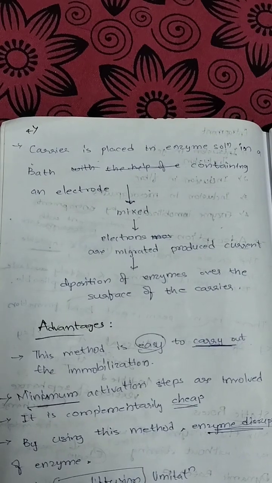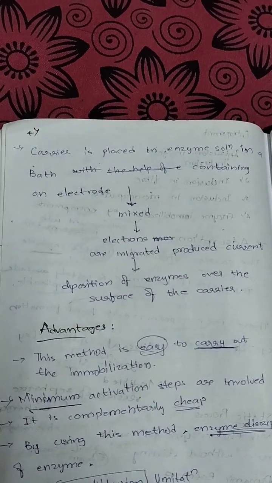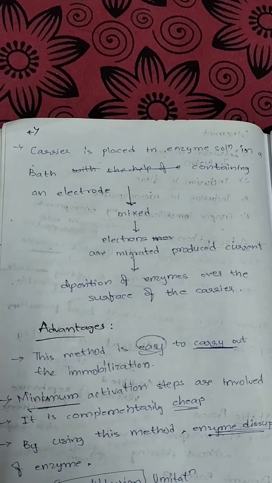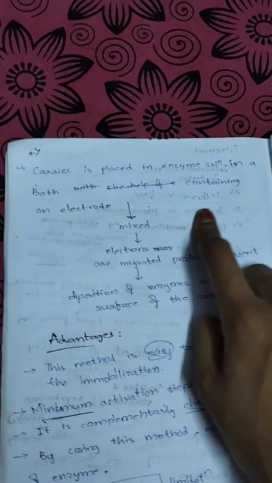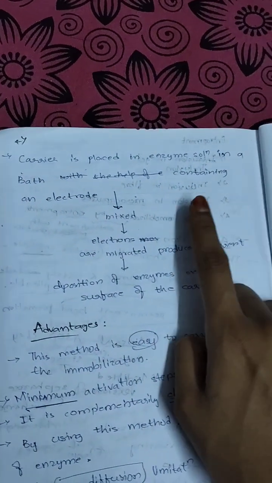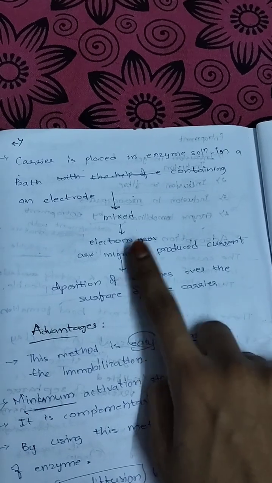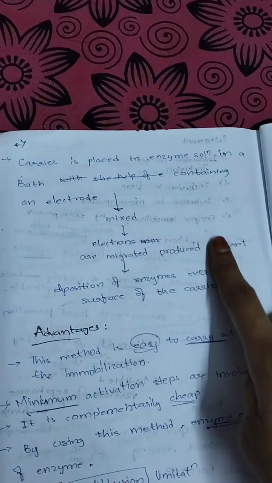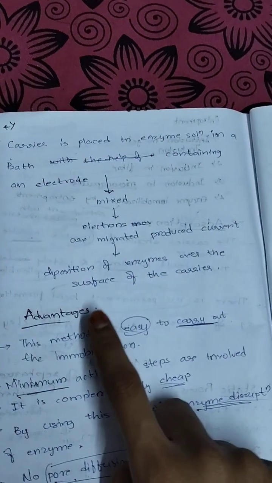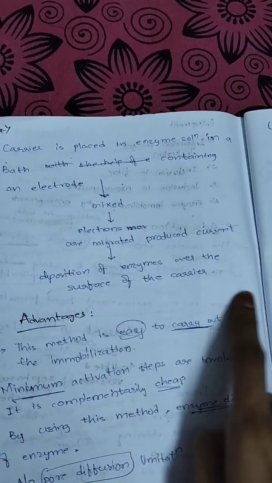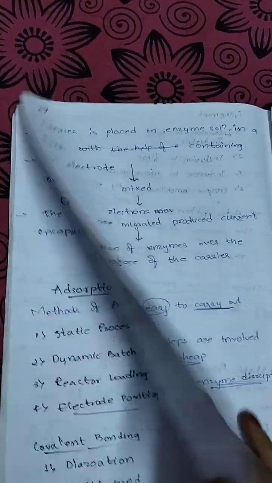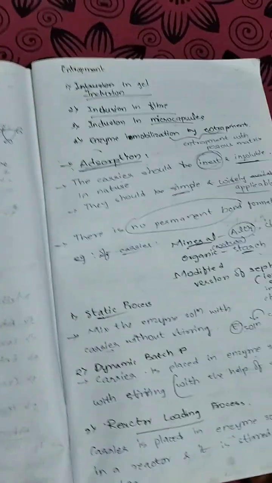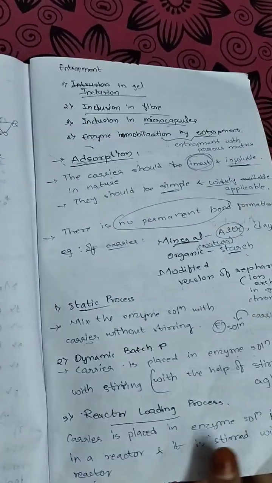The carrier and enzyme solution are placed in a bath containing an electrode. They are mixed, and electrons migrate, which produces current. Due to this current, deposition of enzymes over the carrier takes place. These are the four processes involved in adsorption.